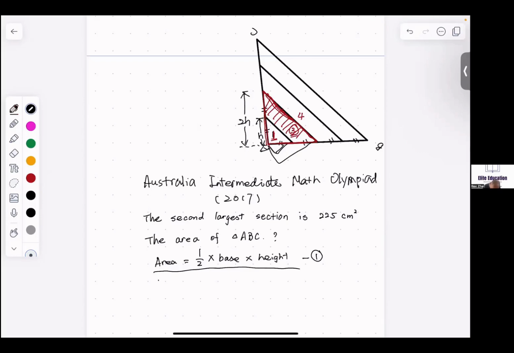This question is about the ratio. Right, the ratio of the smallest triangle and this trapezium will be 1 to 3, right? That's the ratio between these two shapes.